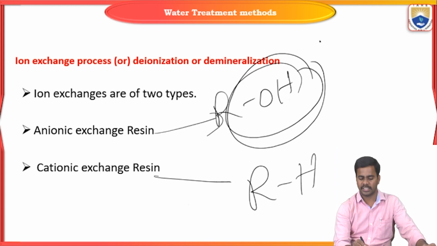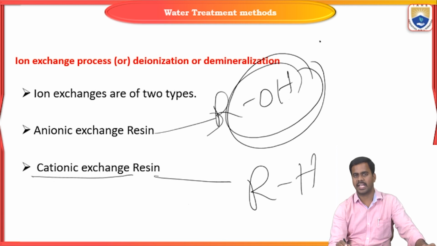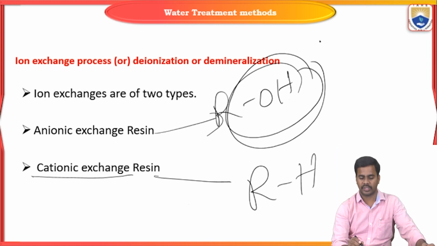Now, these cationic exchange resins are able to replace the cations that cause hardness to the water. That means with the help of cationic exchange resin, we can exchange whatever cations are present in the water that cause hardness.